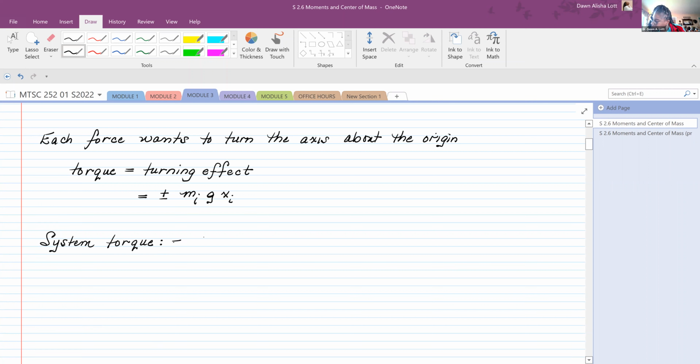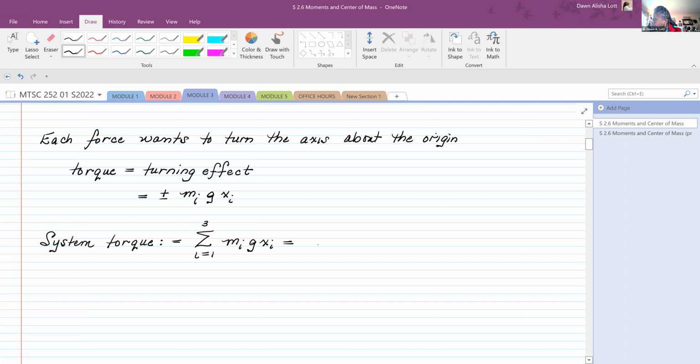So this is going to be the sum, i equals 1 to n, in this case n is 3, of mi g times xi.